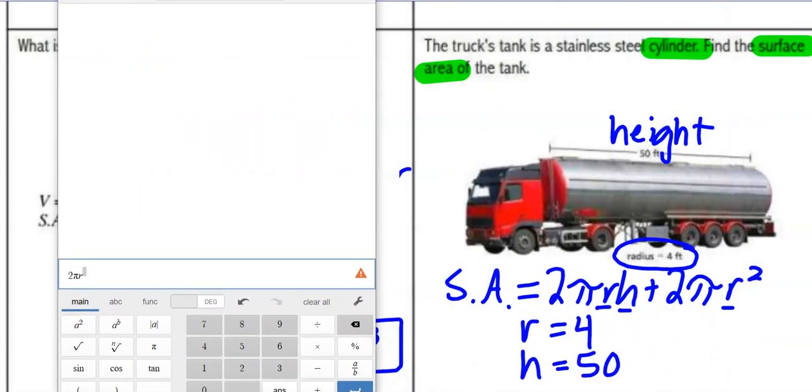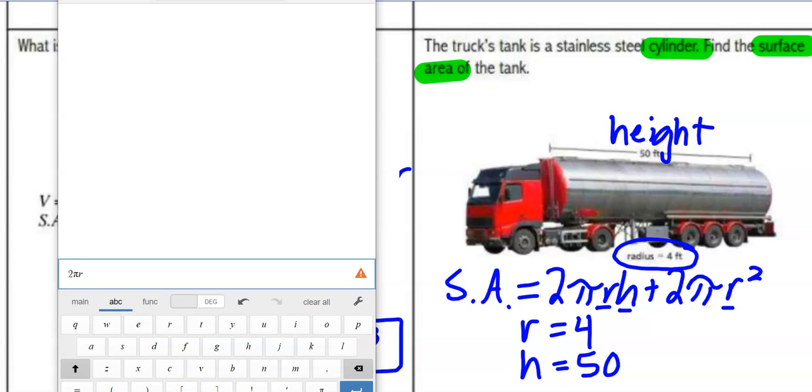Actually, that's reversed of how we've been writing it in class. That's okay. So this is giving us our formula a little different, just backwards, but that's okay.